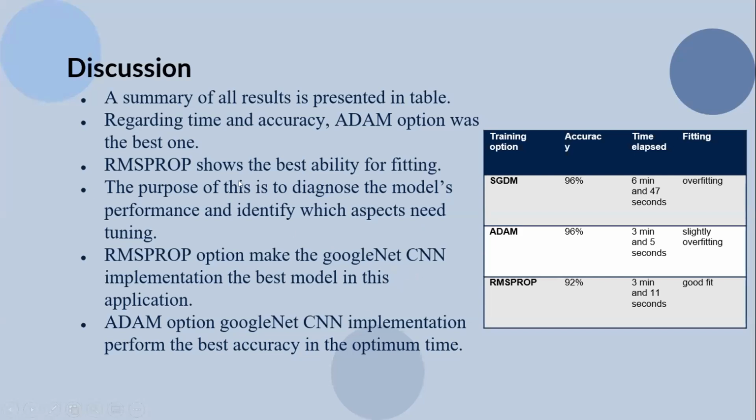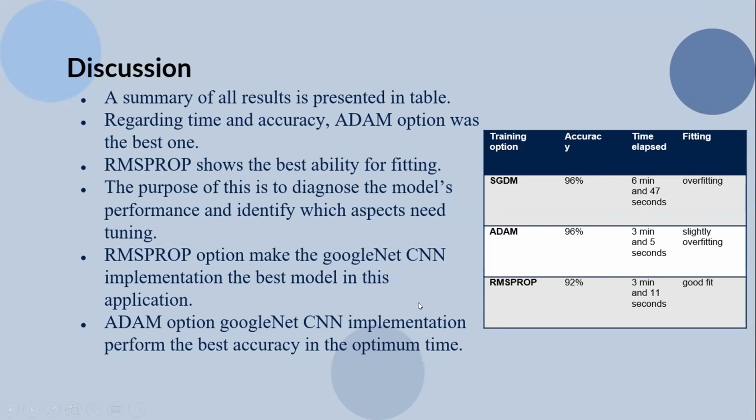In discussion, a summary of all results is presented in a table regarding time and accuracy. ADAM option was the best one. RMSProp shows the best ability for fitting. The purpose of this is to diagnose the model's performance and identify which aspects need tuning.